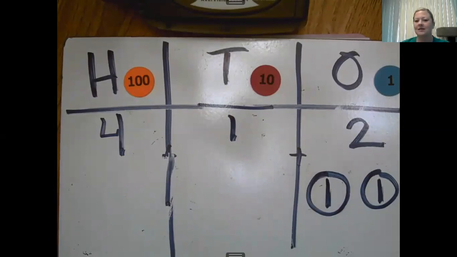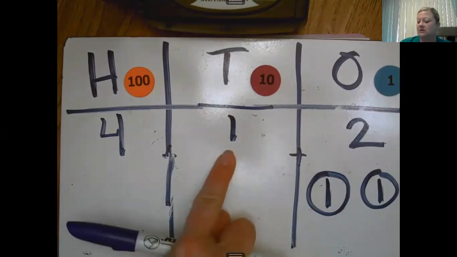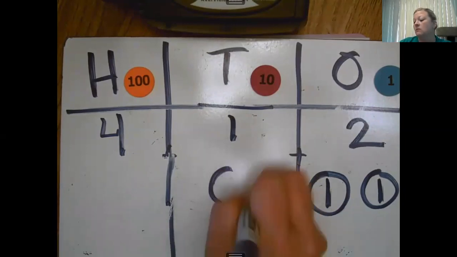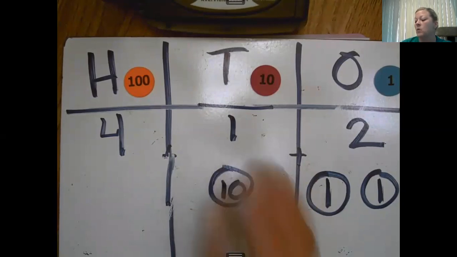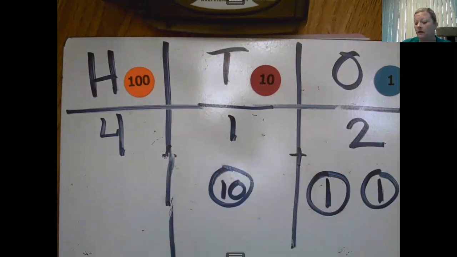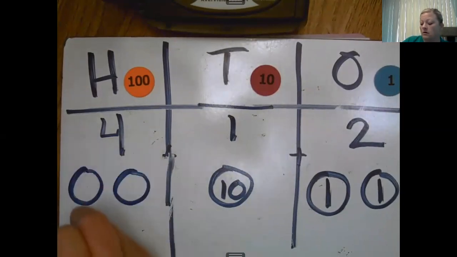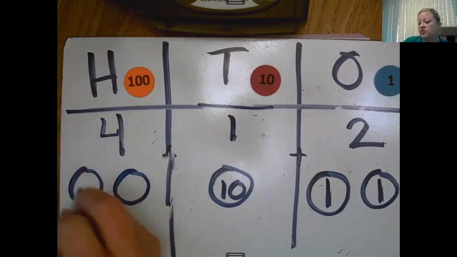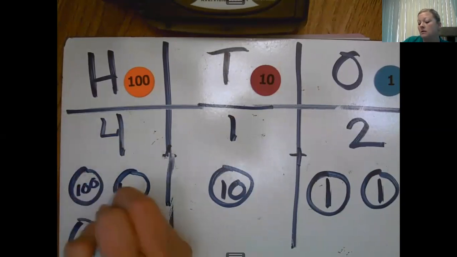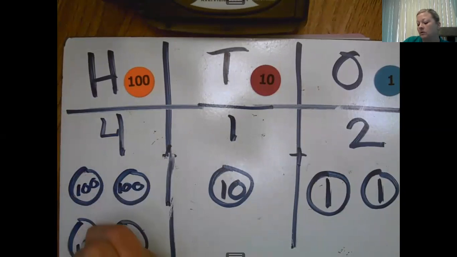Yes, they look like eyes. All right, our tens place, I have 1 ten, so I'm going to make my 1 ten. And we have 4 hundreds. So let's draw 4 hundreds and make sure you mark, you identify or label what you just drew.